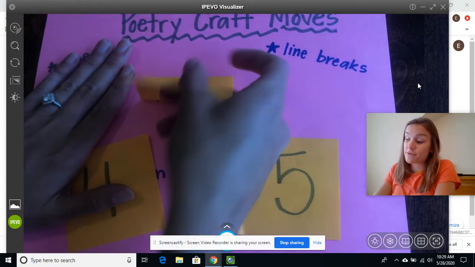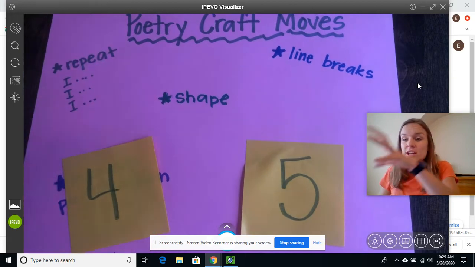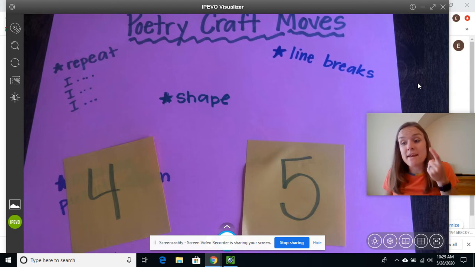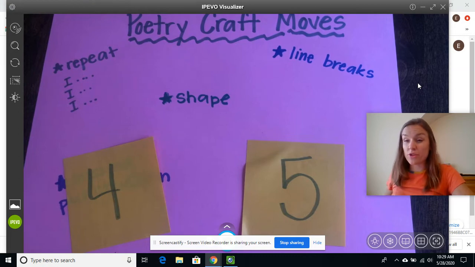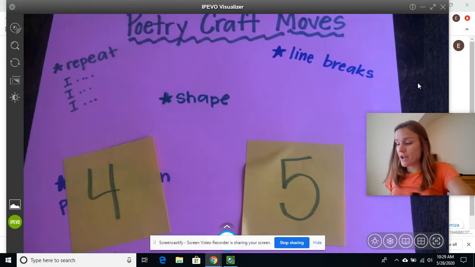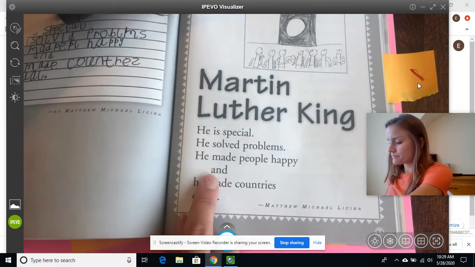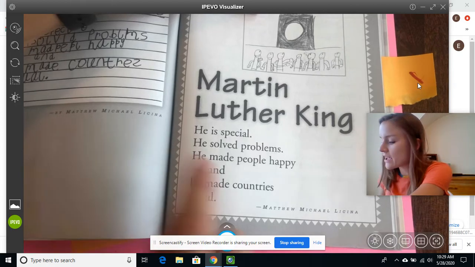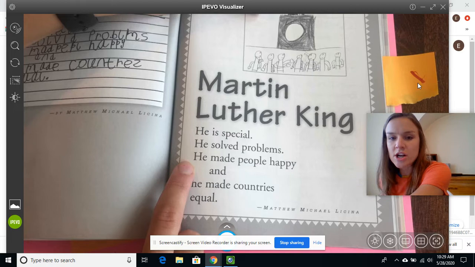The third poetry craft move that we're going to talk about today is shape. You can make your writing have a fun shape to it that makes sense for your poem. This poet who wrote the Martin Luther King poem that we talked about yesterday, look at how this poem has one of the lines is just the word and they put it right in the middle instead of making it start right here.